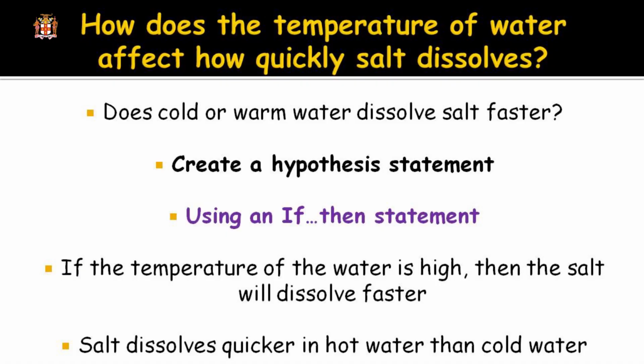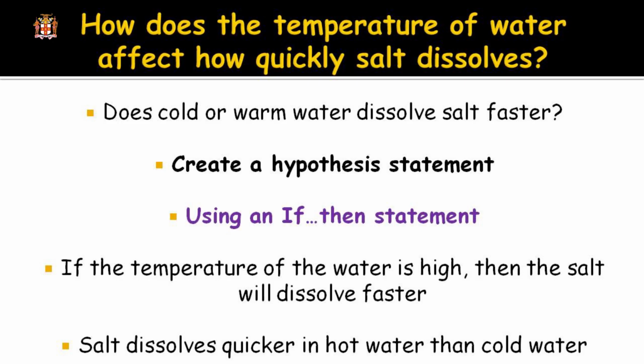So let's look at this particular question. We are looking at how does the temperature of the water affect how quickly salt dissolves. So notice that question, we are clear as to what we're doing.